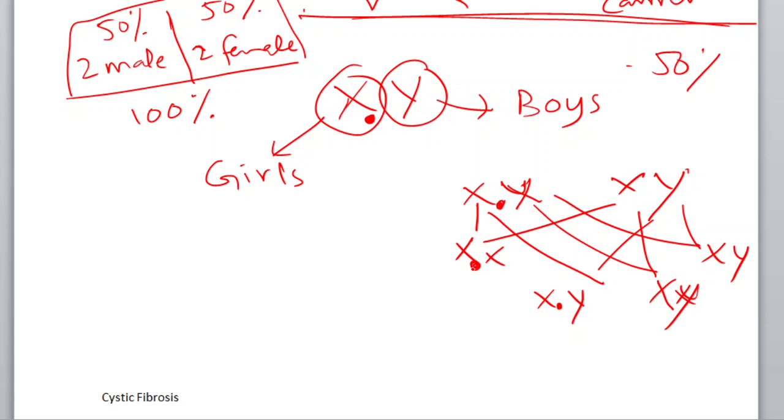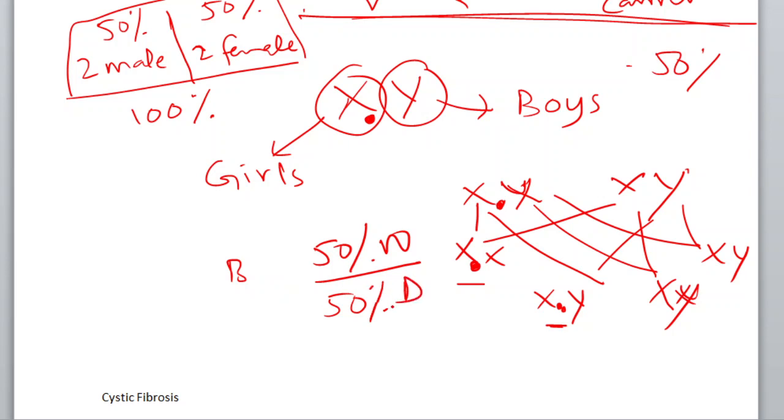Now here, you see, this is a carrier, this is a diseased one. They can ask you what is the percentage of boys. So for boys, you can say 50% are normal and 50% of them are diseased, if I'm only talking about the boys.